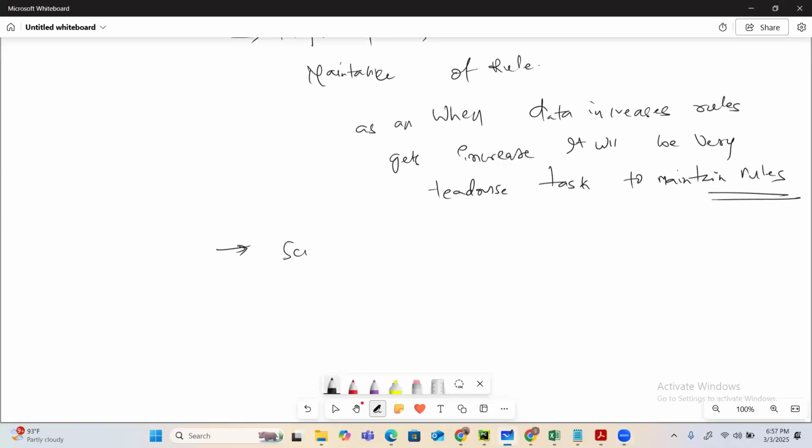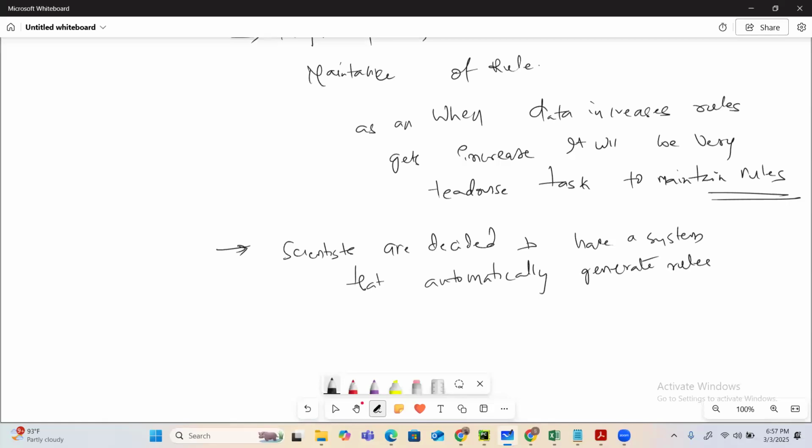Now scientists decided to have a system that automatically generates the rules instead of writing them. So that is a different approach followed in AI.